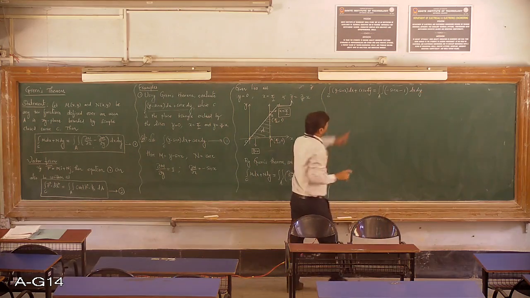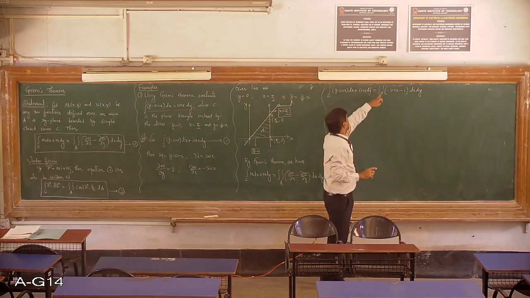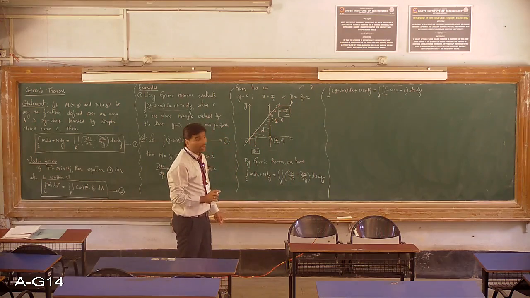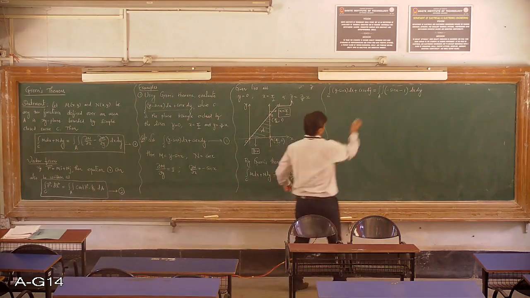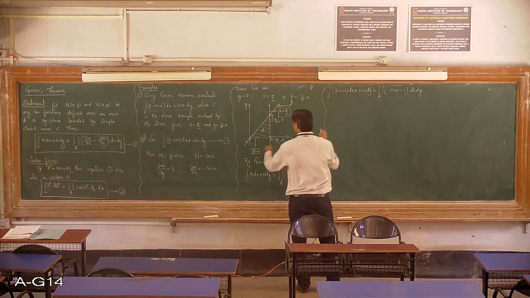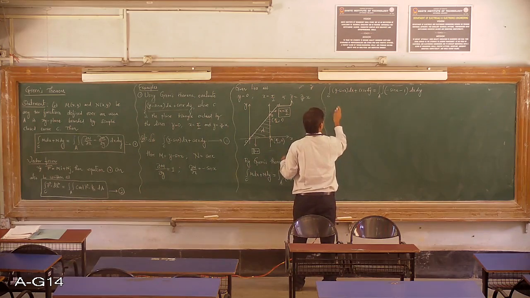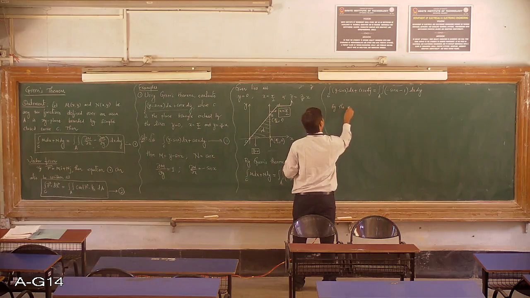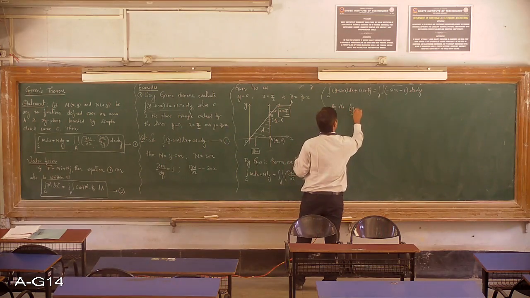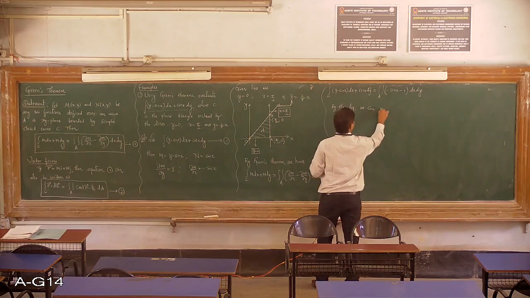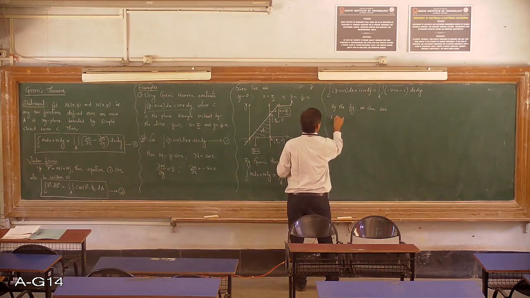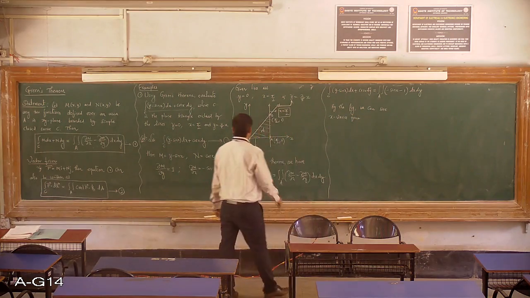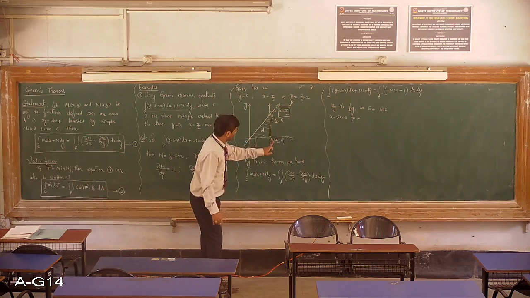Now dx dy are there, therefore by replacing this area A we need to write the limits of x and y. So in the next step, by the figure we can see x varies from x equals 0 to x equals how much?